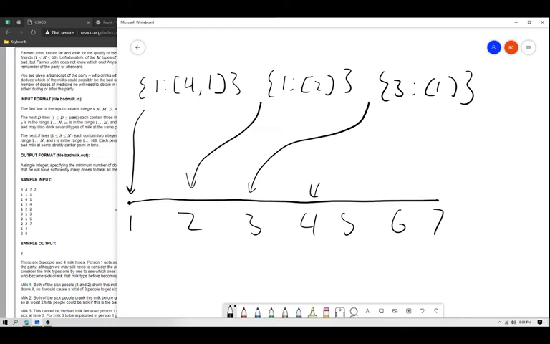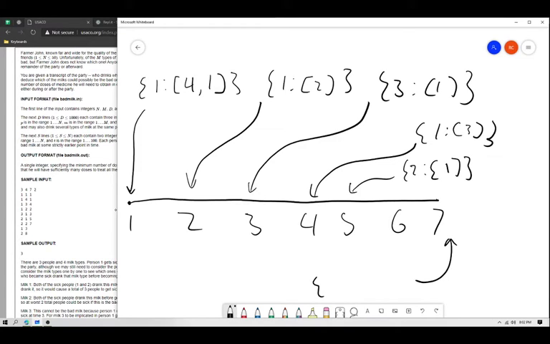Time 4: person 1 drinks milk 3. Time 5: person 2 drinks milk 1. And at time 7, person 2 drinks milk 2.